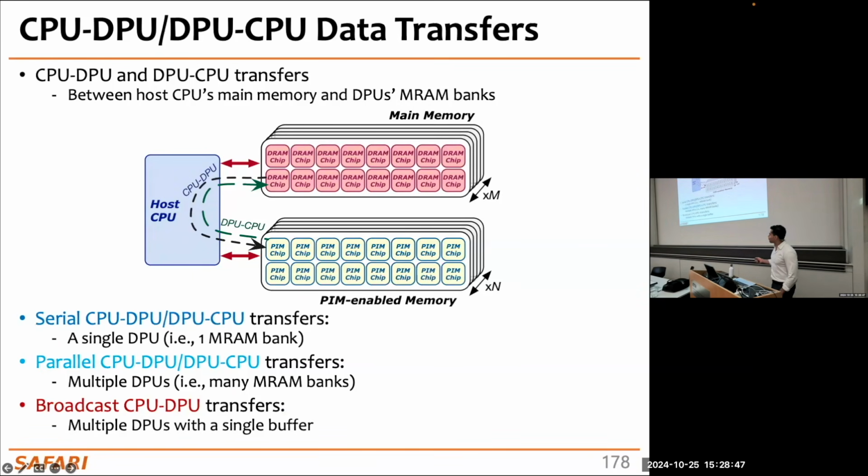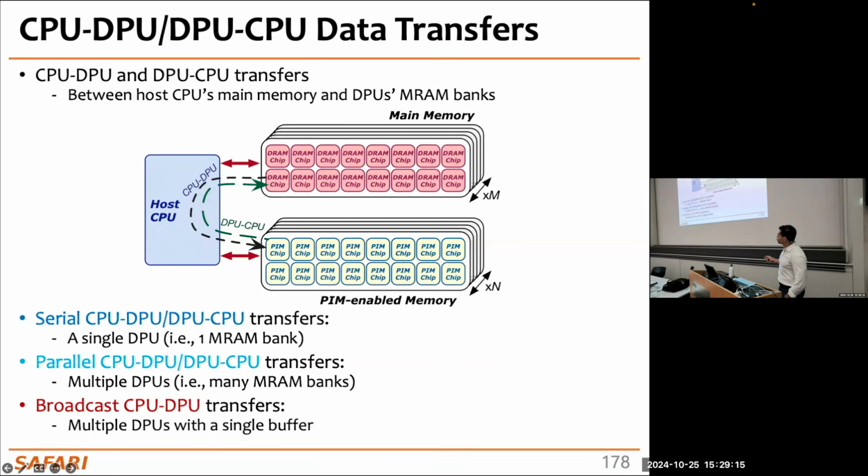The first one is called serial data transfer, and this moves the data between the CPU and a single DPU, so it moves the data from the main memory to one of those DPUs in one of those PIM chips. The second one is a parallel transfer. Here you can move big portions of data from the main memory to a set of DPUs in parallel.